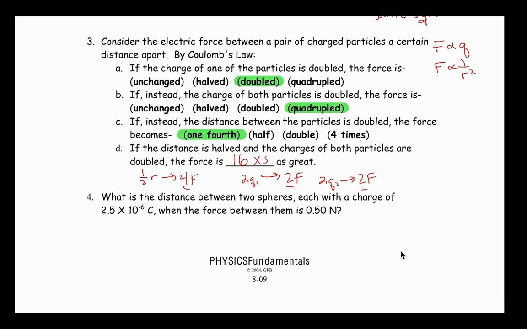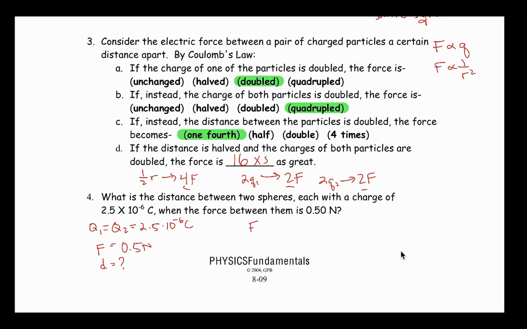And then lastly, we're given Q1 equals Q2, and that is 2.5 times 10 to the negative 6 coulombs. The force is given as 0.5 newtons. What is the distance between them?